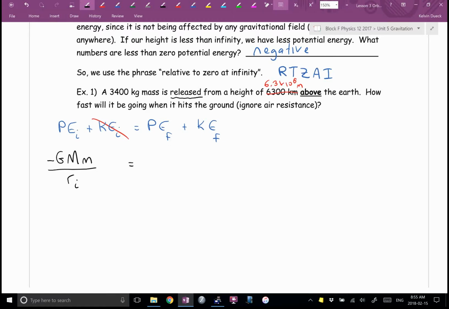So we have to go with negative big G, big M, little m over R final, plus kinetic energy, which is not going to change. It's still half mv squared, and that's the v they want me to find. The whole fraction is negative, but it doesn't matter; you can think of the top as negative.